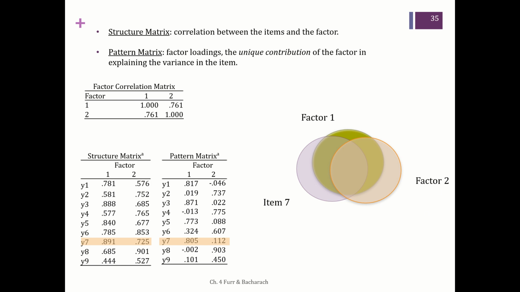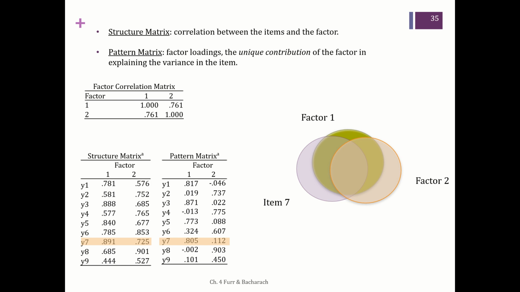So in the structure matrix, like I said, we have correlations. So we have the total overlap, and this was about item 7, so let me rephrase this. So in the structure matrix, the correlation between item 7 and factor 1, so this 0.891, what we're looking at is the total overlap between the green factor 1 circle and the blue item 7 circle.